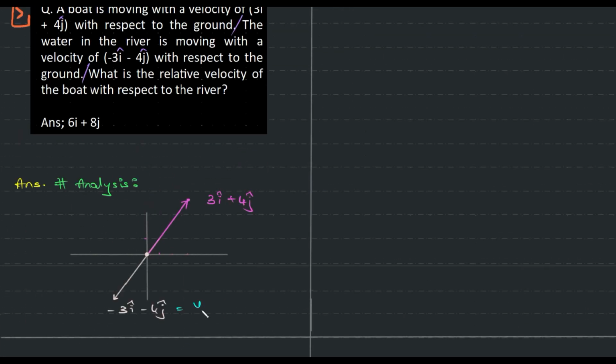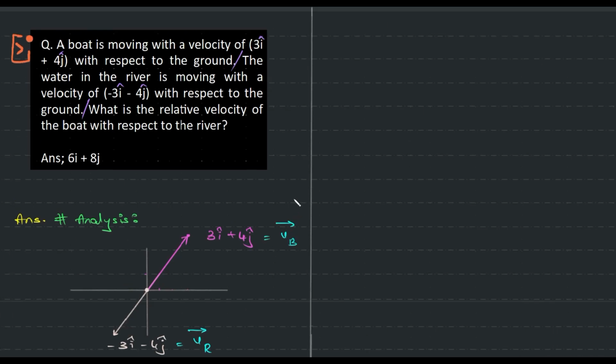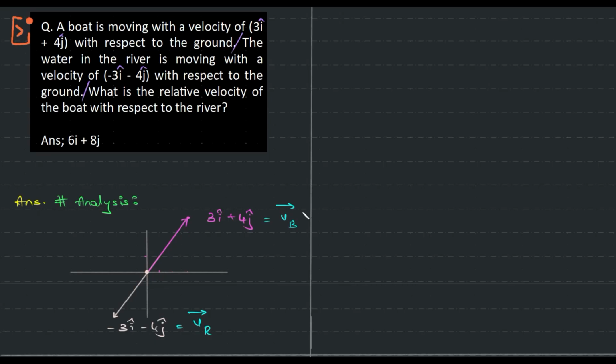So this is your velocity of river and this is the velocity of the boat. That's it. What is the relative velocity of boat with respect to the river? Working, actually everything is given.